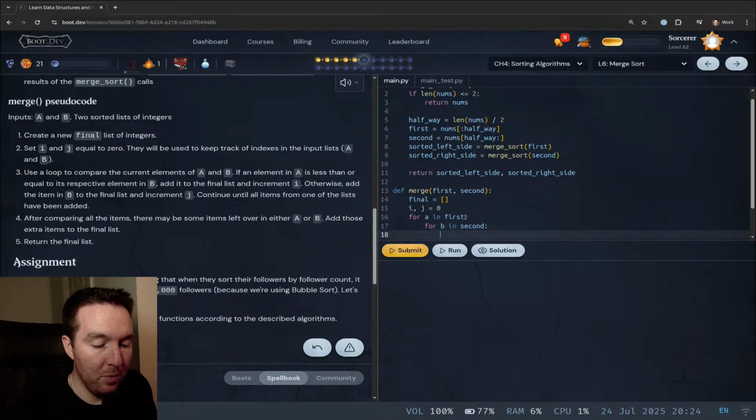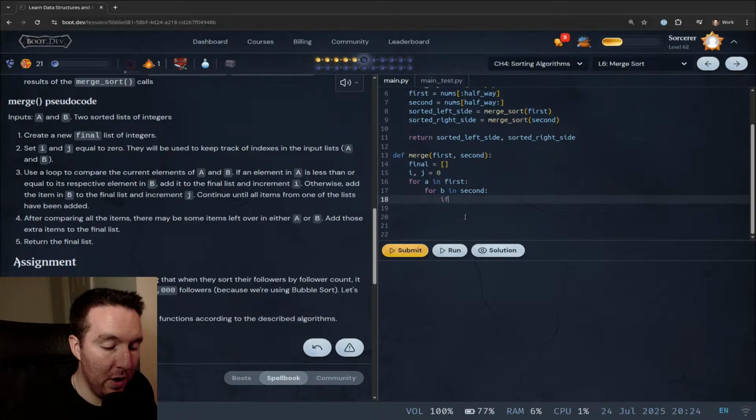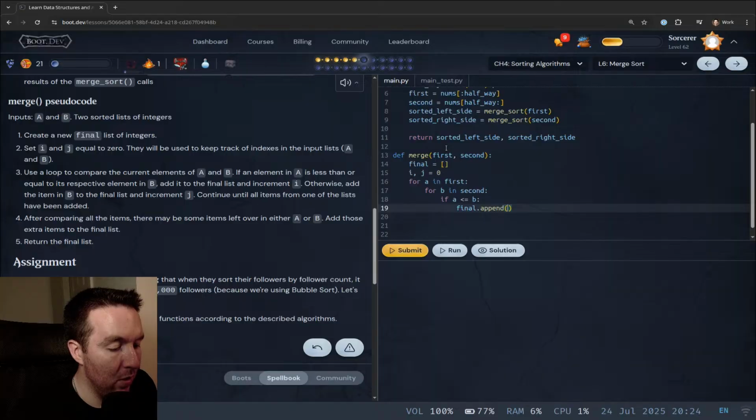If A is less than or equal to B, then add to the final list: final.append(A), and then increment i, so i plus equals 1.